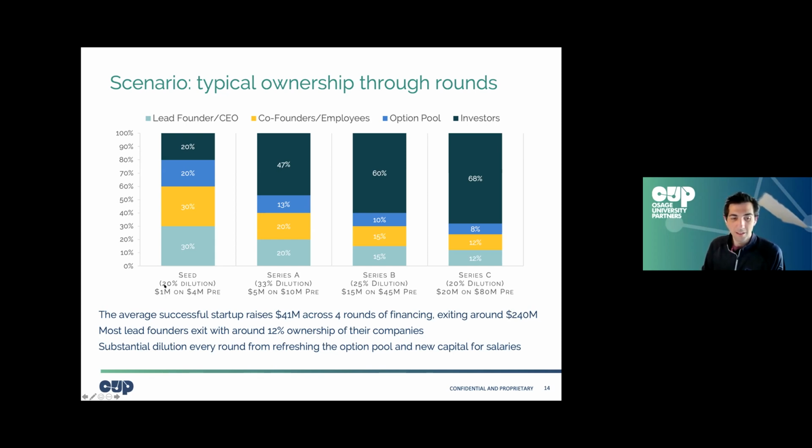So my $1 million as an investor has bought 20% of the company here in the dark gray. And value creation is taking the $1 million that was invested into your company and raising your next round not at a $5 million pre-money valuation, but at a $10 million pre-money valuation. You turn $1 million into $5 million of value creation.